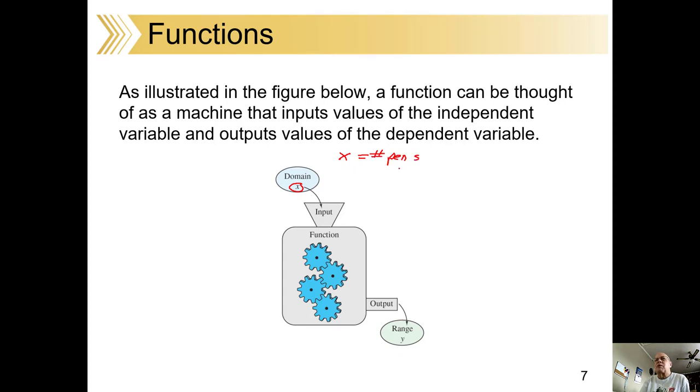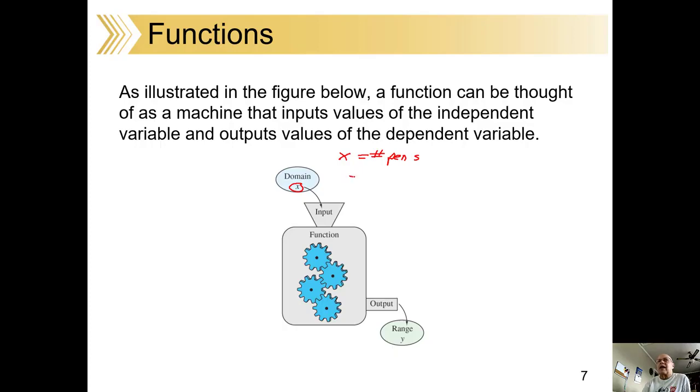X represents the number of pens. Well, if you give it a little bit of thought, you can't just use any x for that. You can't have -5 pens. What would that look like? You could have 0 pens. You could have 17 pens, 18 pens.